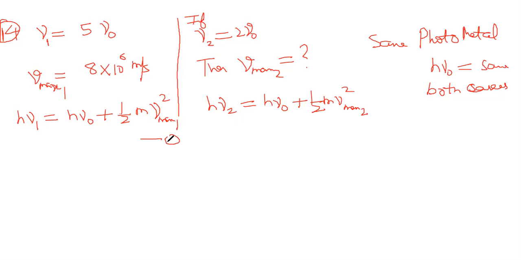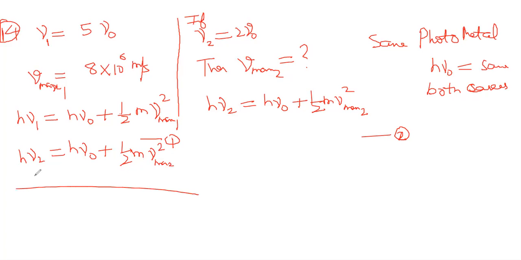As I told you, we subtract the first equation from the second equation. Let me write it neatly. H nu 2 equals h nu naught plus half m Vmax 2 square.